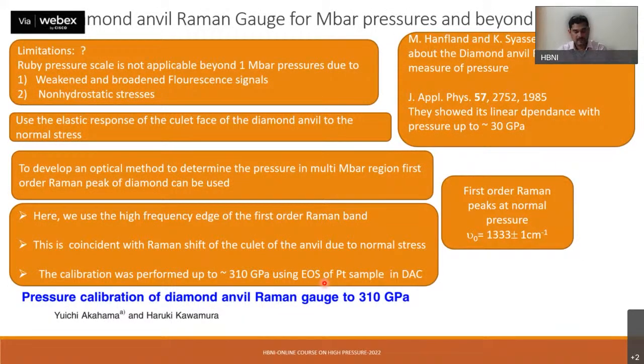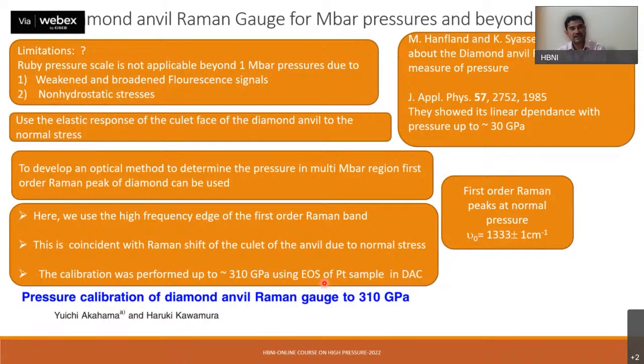As I said, the Ruby pressure scale has some limitations. You can't use the Ruby pressure scale in the megabar or multi-megabar region. The limitation is the signal itself: the Ruby fluorescence signal diminishes at very high pressures.